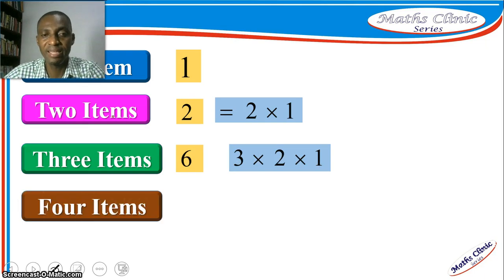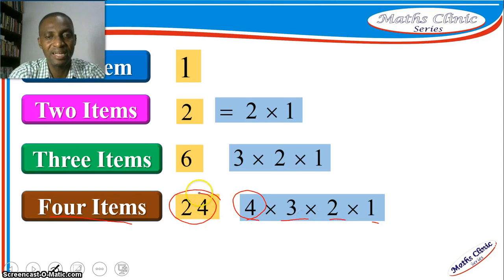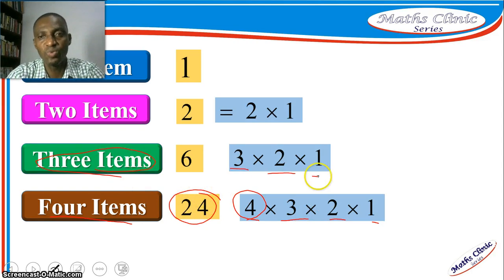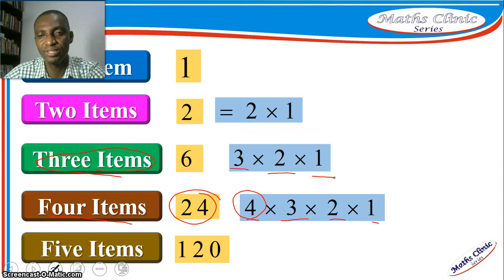With 4 items, like the word math, we had 24 ways, and 24 is the same as 4 times 3 times 2 times 1. So if I have 5 items, like maths, when I add s to it, it will give me 120 ways of arranging.